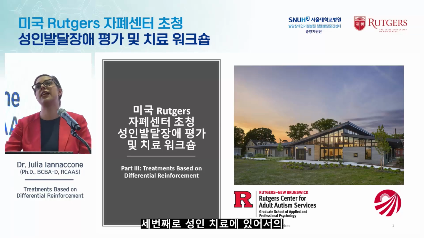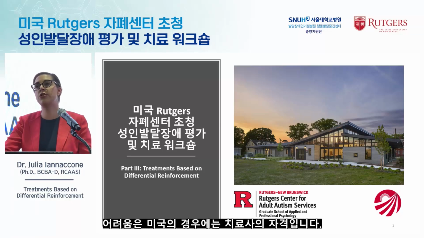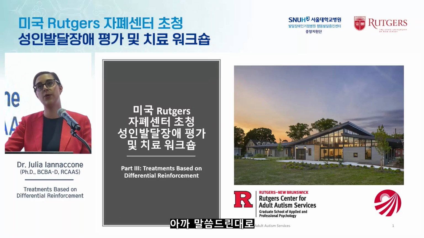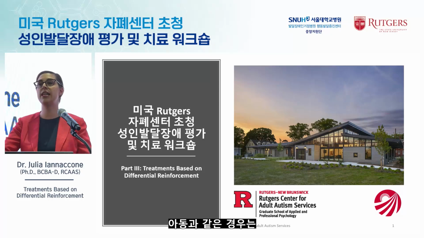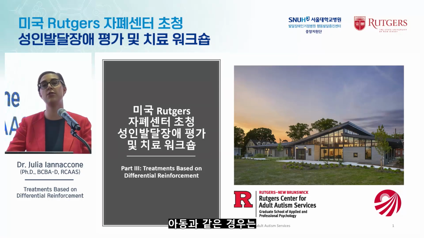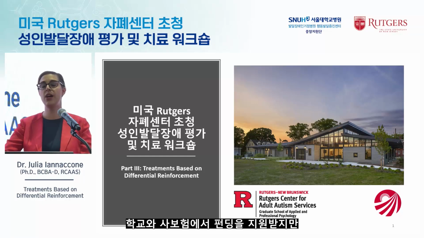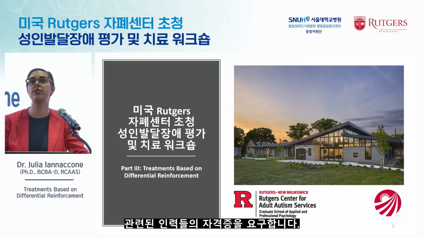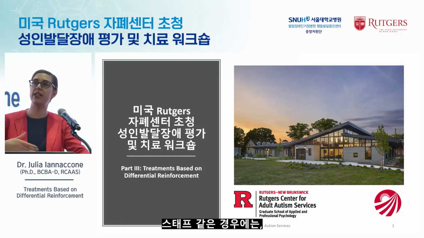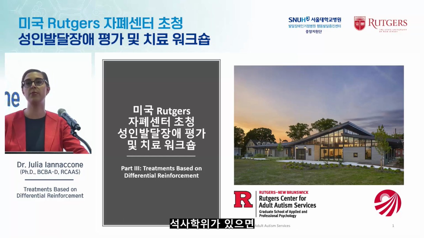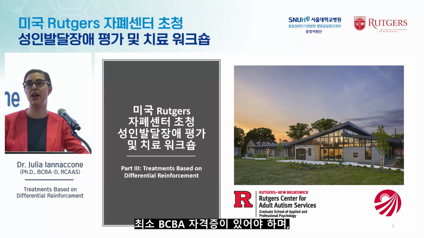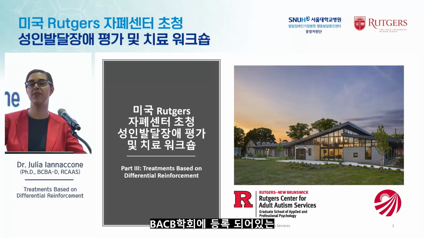And the third commonly cited challenge in working with adults compared to children is, at least in the US, the qualification of staff. So I mentioned that for children, they get funding from school systems and private health insurance, and they require a lot of certifications. So the master's level clinicians have to be at least a BCBA, and the direct care staff or aides working with them have to be registered behavior technicians, which is another credential that the BACB, the board that certifies behavior analysts, gives out.